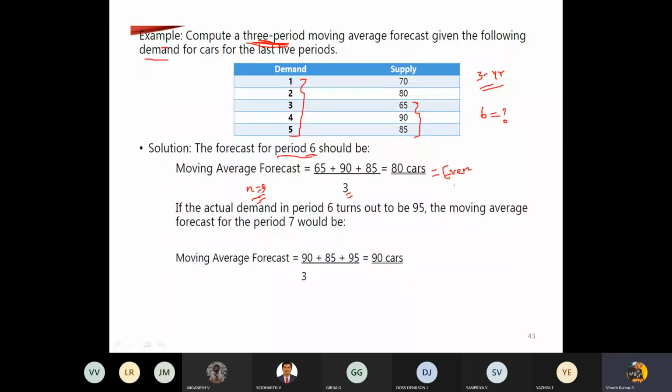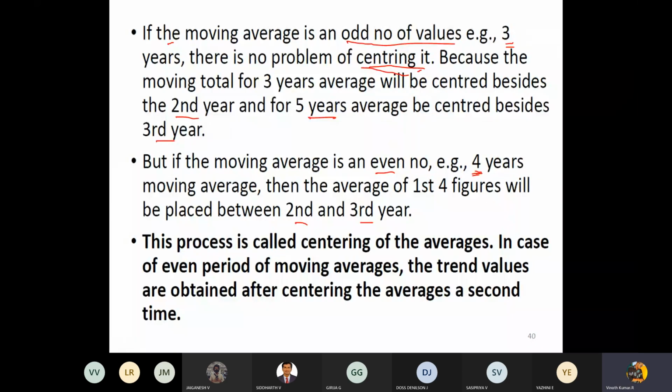So if it is an even number, what we should do is, see, if a moving average is an even number, the average of the first four figures will be placed between the second and third year, right? So this is the second and third year.